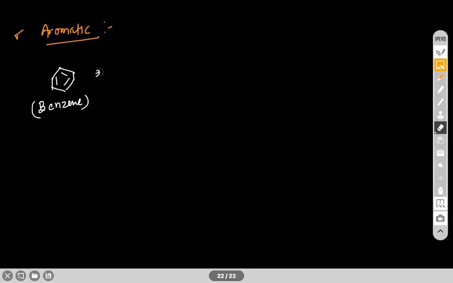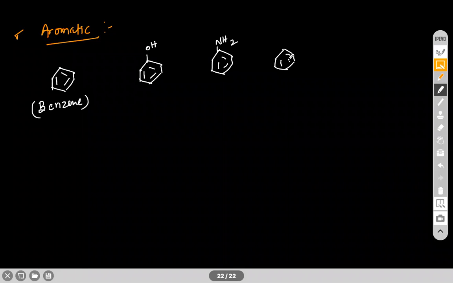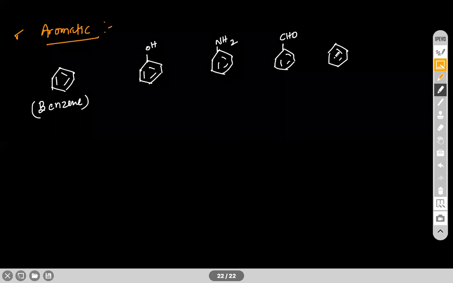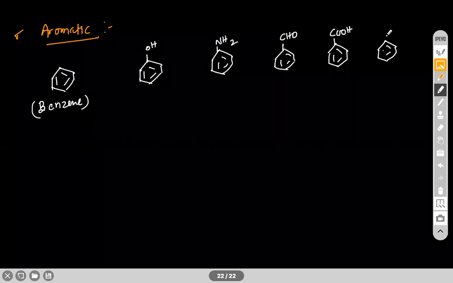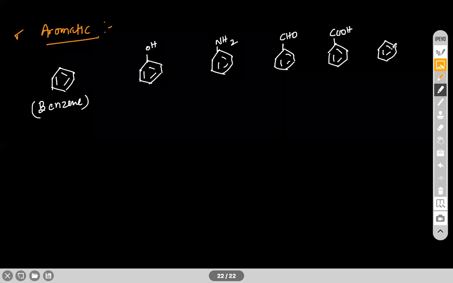I'll draw a few structures first to see. Okay, this compound is hydroxybenzene. We also call it phenol.